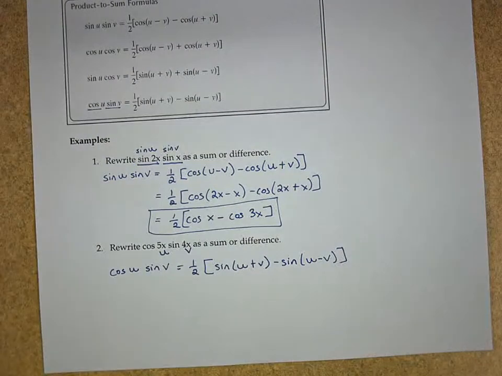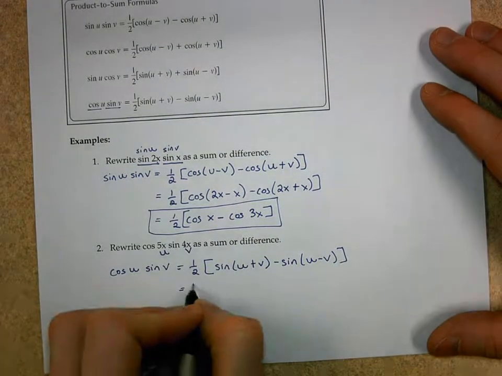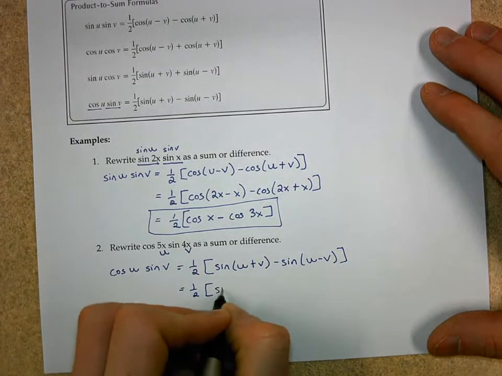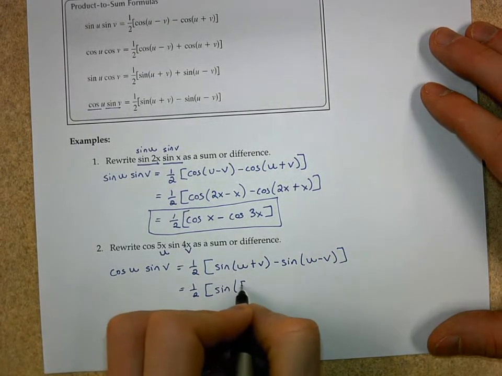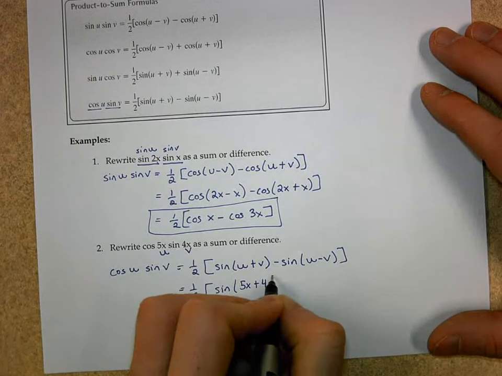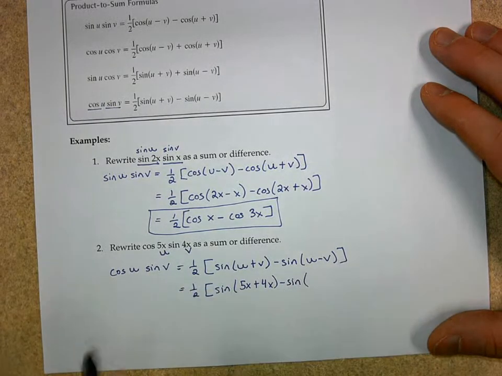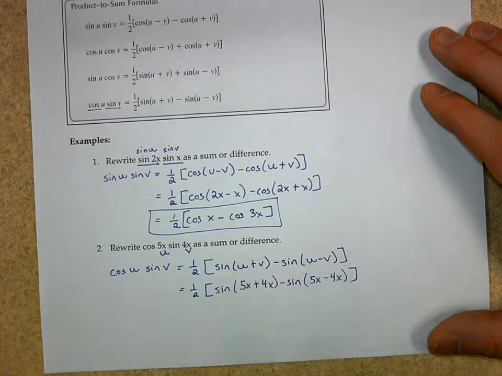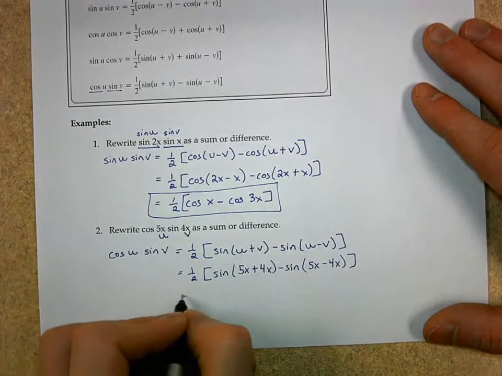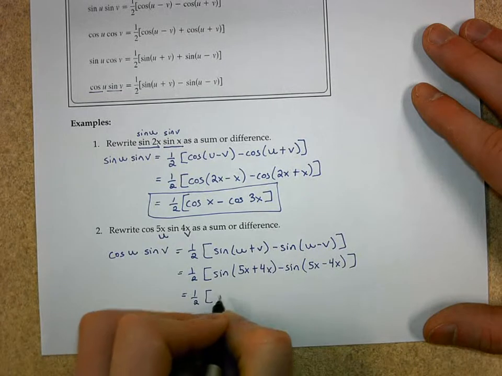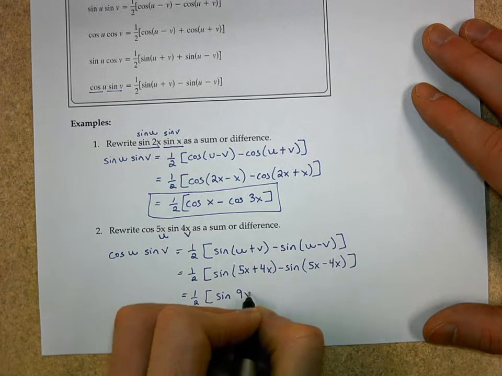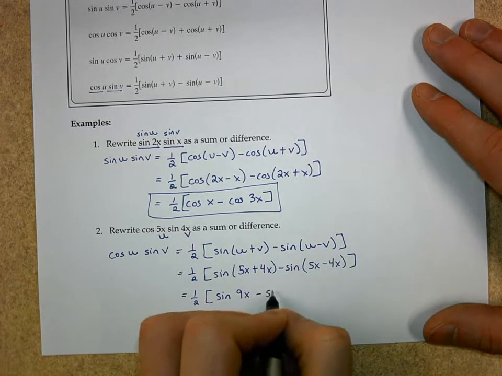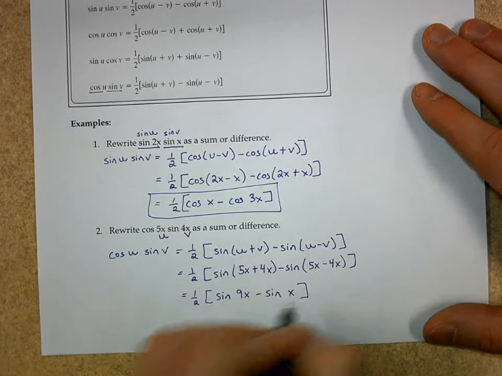And we know u is 5x, v is 4x. So 1/2 the sine of 5x plus 4x minus the sine of 5x minus 4x, which ends up being 1/2 the sine of 9x minus the sine of x.